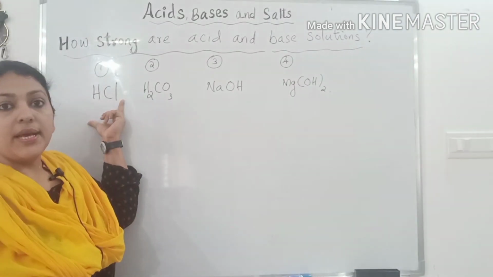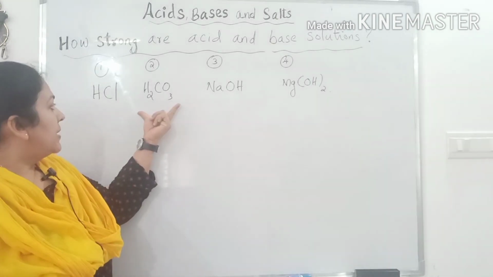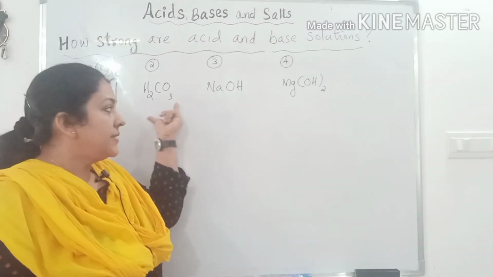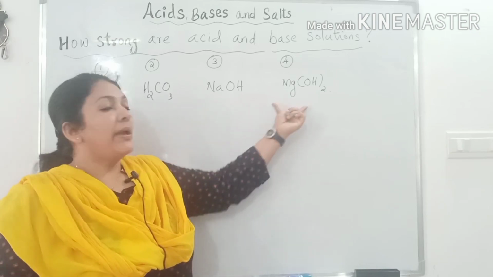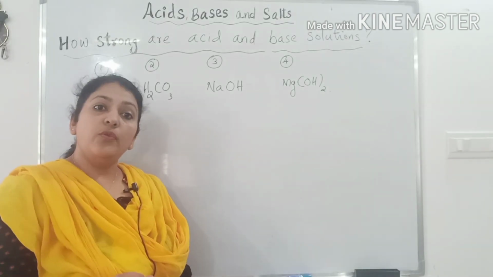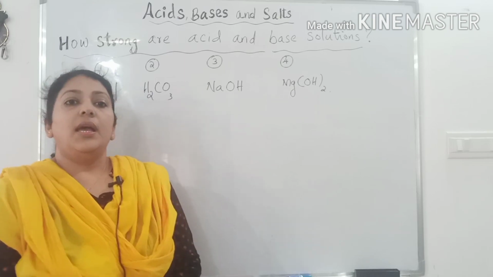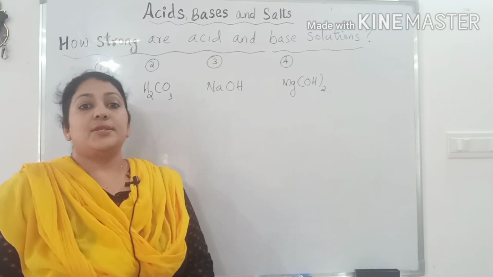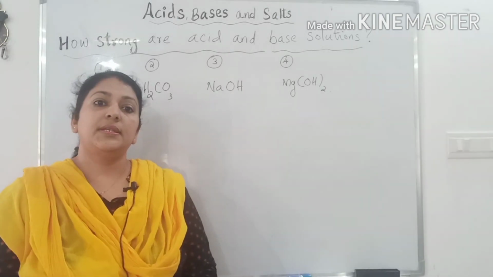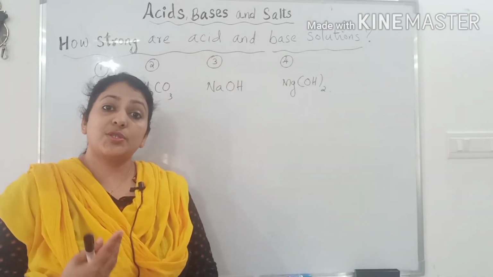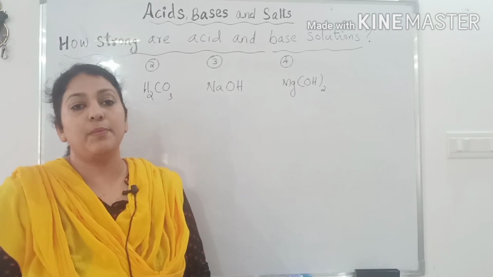Now, you know that hydrochloric acid is a strong acid, carbonic acid is a weak acid, sodium hydroxide is a strong base, and magnesium hydroxide is a weak base. Suppose you are asked to find out which among these is a strong acid, weak acid, strong base and weak base.